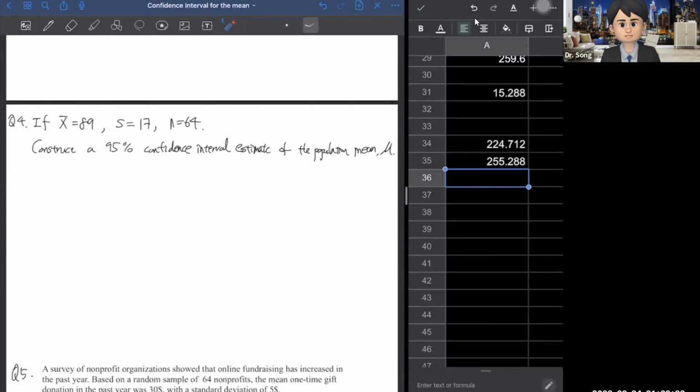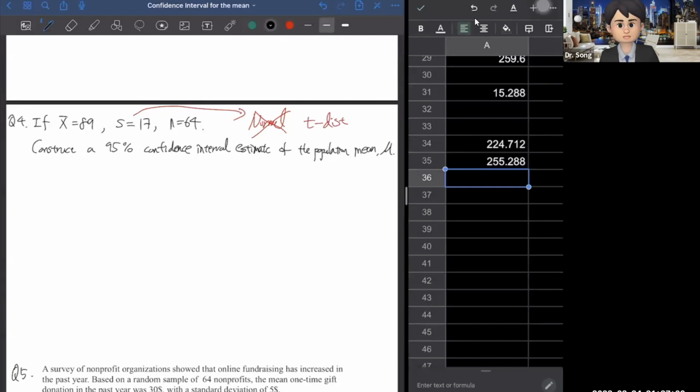You probably noticed that x bar equals 89, but what do you see? s equals 17. That means that we don't know the population standard deviation, and the sample size is 64. Then we cannot use the normal distribution anymore, because we don't know the population standard deviation. Instead, we need to use a t-distribution.